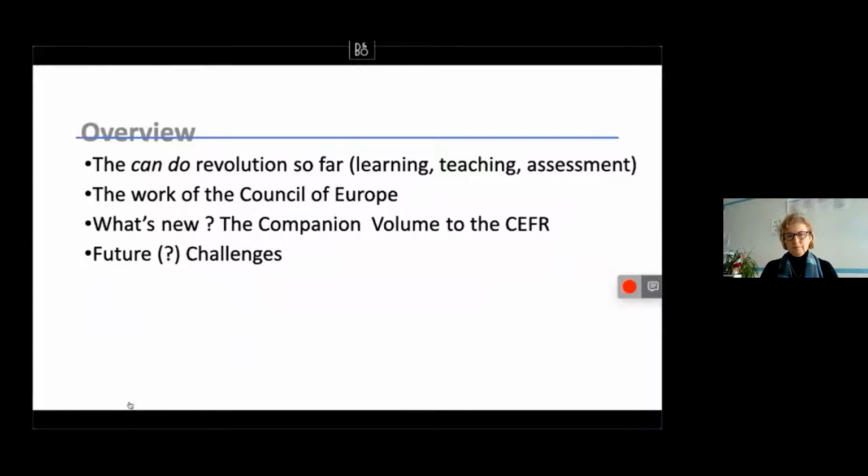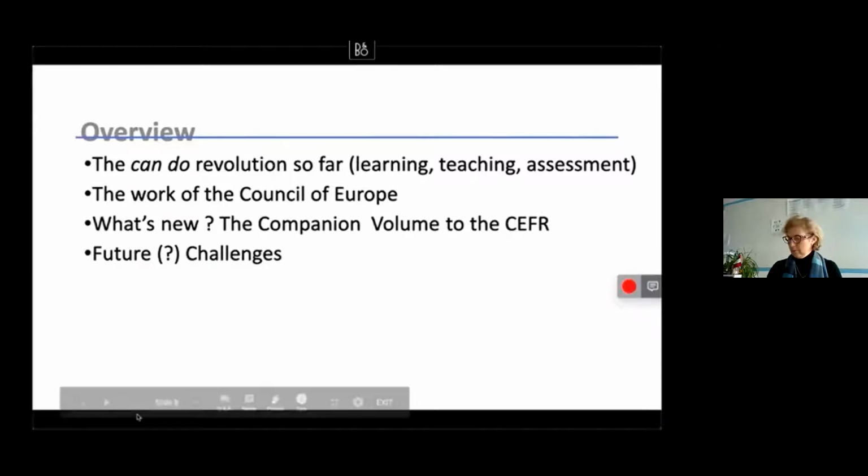The can-do revolution has to do with the first attempts by professionals starting in the late 1970s, but mainly in the 1990s and in the year 2000, to describe what students could do with the language, referring to language learning not as something that you learn by heart, but as something that you approach because you're going to be needing it to communicate and also to learn. Language is an instrument for communication, but also for learning of other subjects.